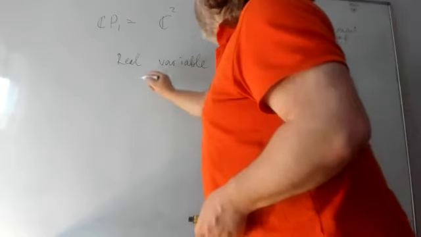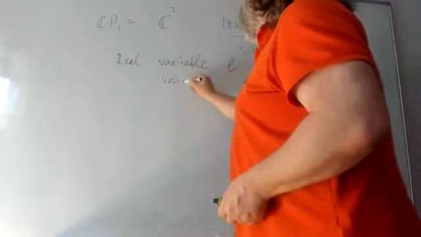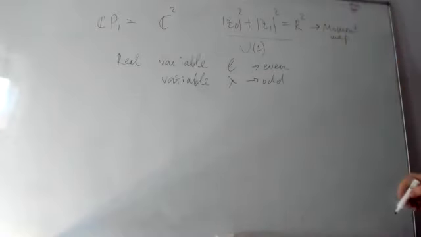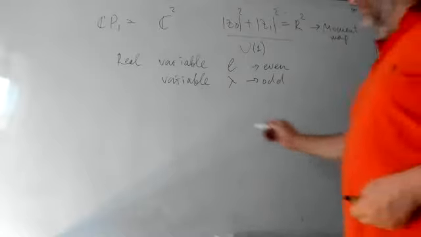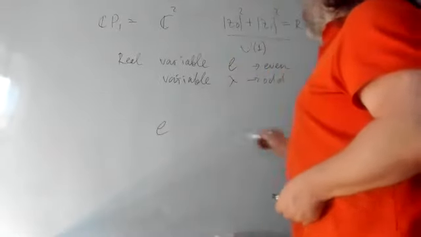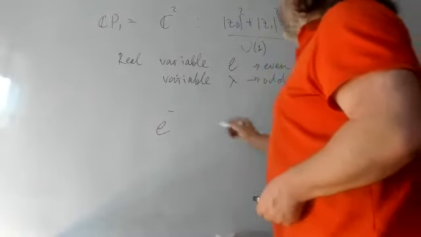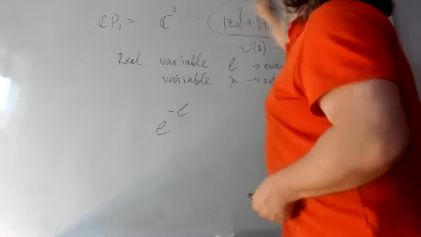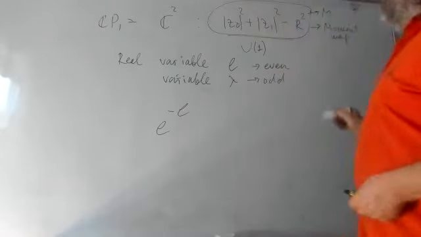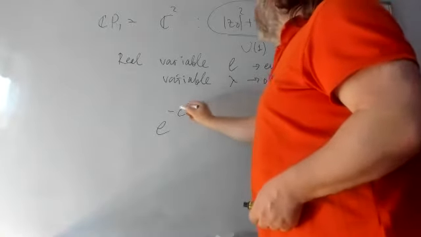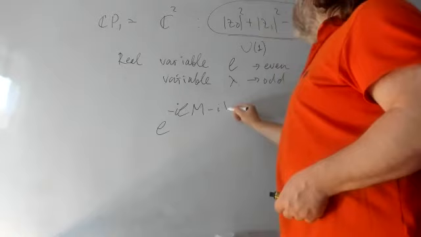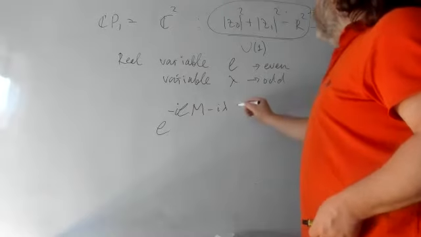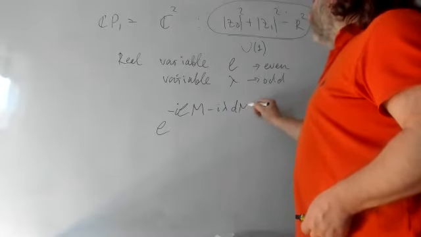And also a variable lambda that is odd, okay? So I can just write down the delta function in the following way. So this is the moment map. I'll call it M, okay? Here I put i lambda, and here I put dm.